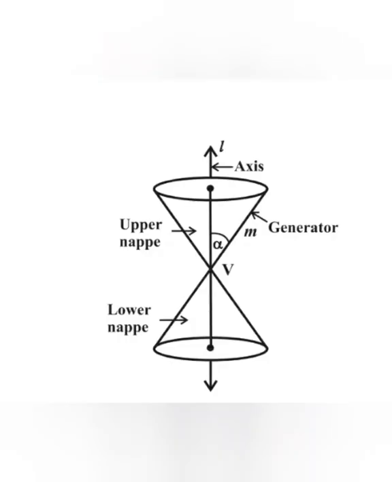The point V is called vertex. The line L is called axis of the cone. The rotating line M is called a generator of the cone. If we take the intersection of a plane with a cone, the section so obtained is called a conic section. To understand this, let us first go through this animated video clip.